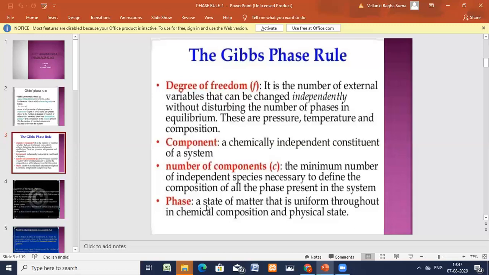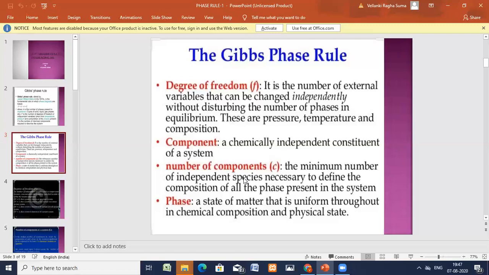It is the smallest number of independently variable constituents by means of which the composition everywhere can be expressed. For the water system, ice is in equilibrium with water and vapor, so the component is 1 and the phases are 3. C is only 1; the chemical composition is only one.